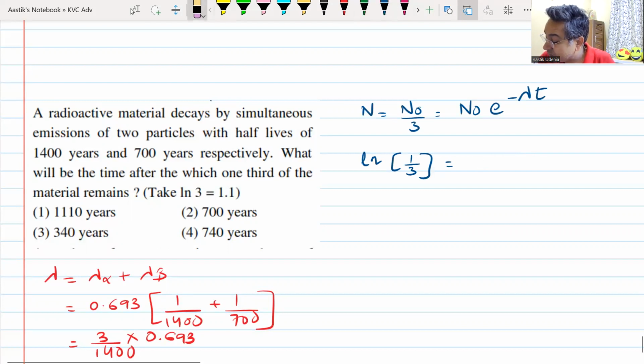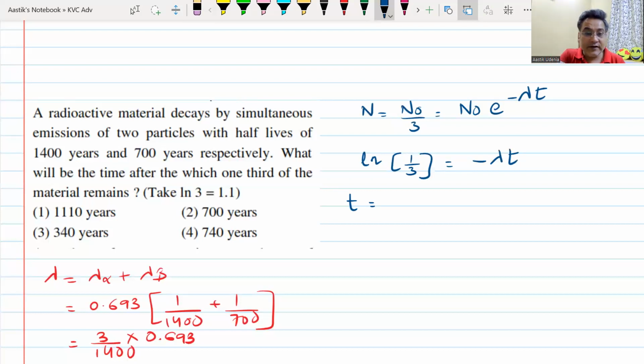From here, I will get the value of t, and the value of t that we are getting from this equation is approximately equal to 740 years by putting the value of ln3 as 1.1. I'll give you a minute to note this down.